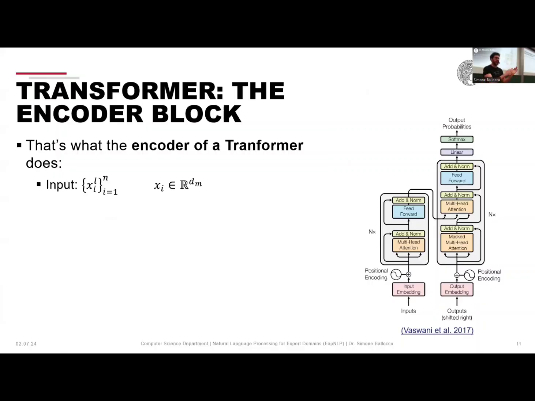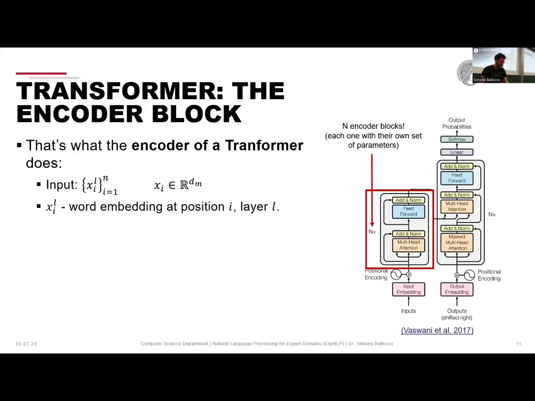That's the usual. We have n words: the, cat, sat, 1, 2, 3. We also have this L, and L means the word embedding in position i in layer L, because look at this guy, N. The transformer doesn't have only one encoder block, but has stacked encoder blocks. So we can have 5, 10, 200.